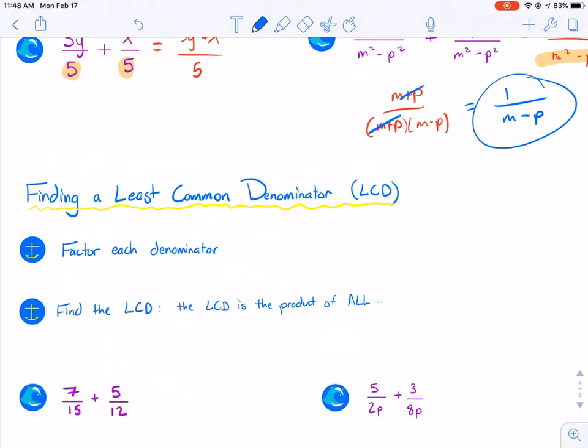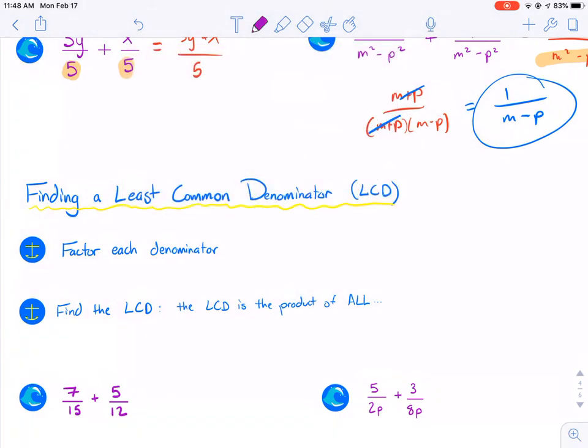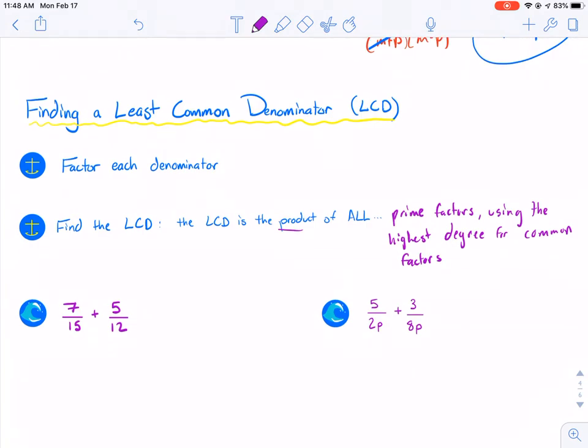The LCD is the product of all prime factors, using the highest degree for common factors. That last little bit is just saying you have to use the biggest number if we're finding a least common denominator.